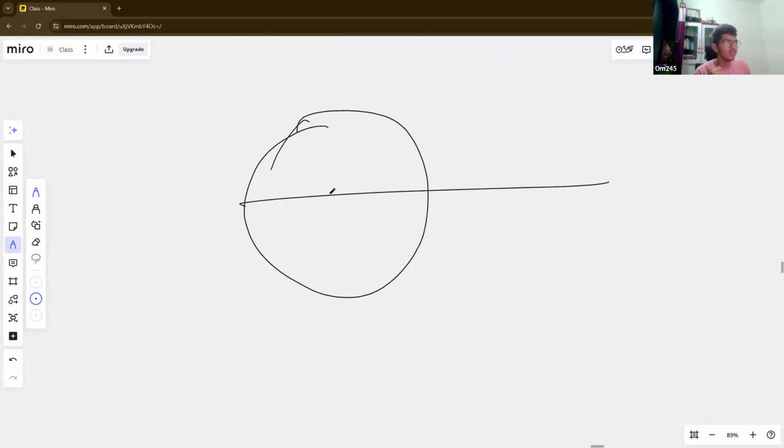So consider some center O and some line, this is AB, some point X, and let's invert X to Y. So X gets inverted to Y, and because of the previous result, ABXY is harmonic.